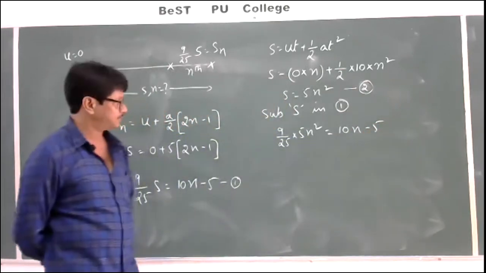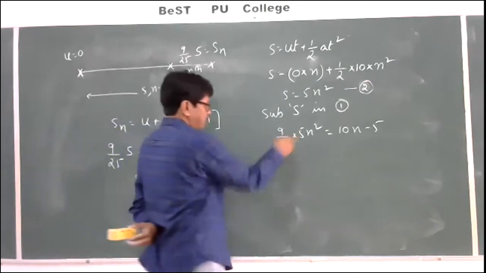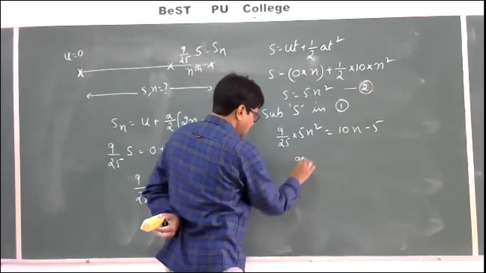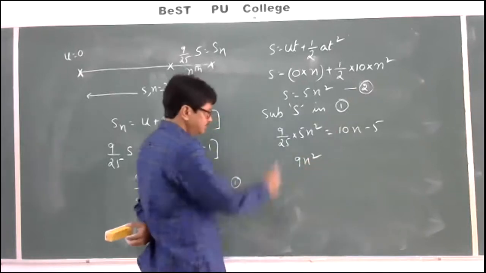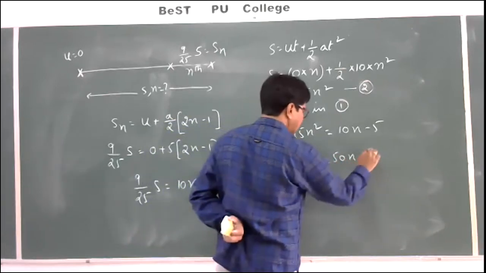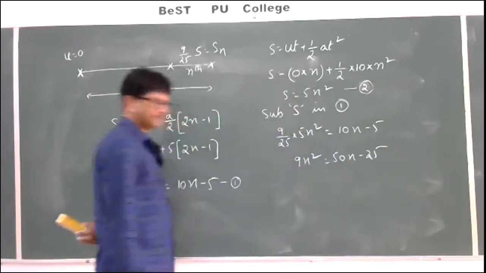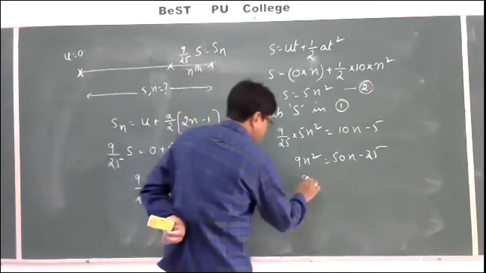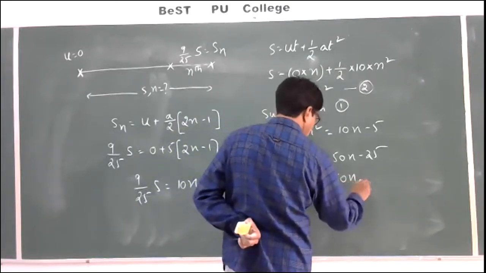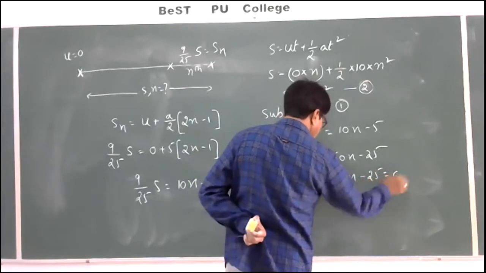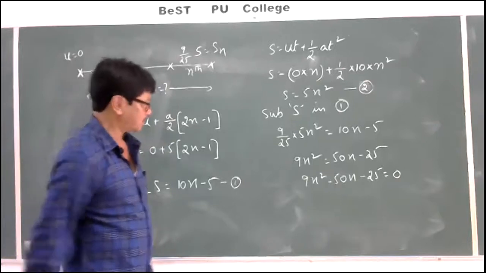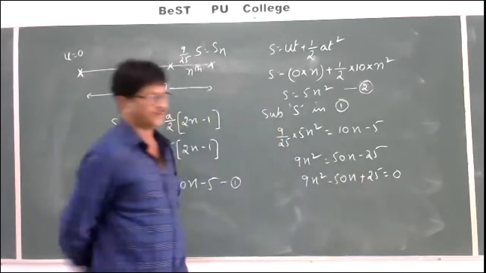N value we have to find. 5 ones, 5 fives. Now you cross multiply: 9n square, here in the denominator 5 will be there, is equal to 50n minus 25. So 9n square minus 50n plus 25 is equal to 0.